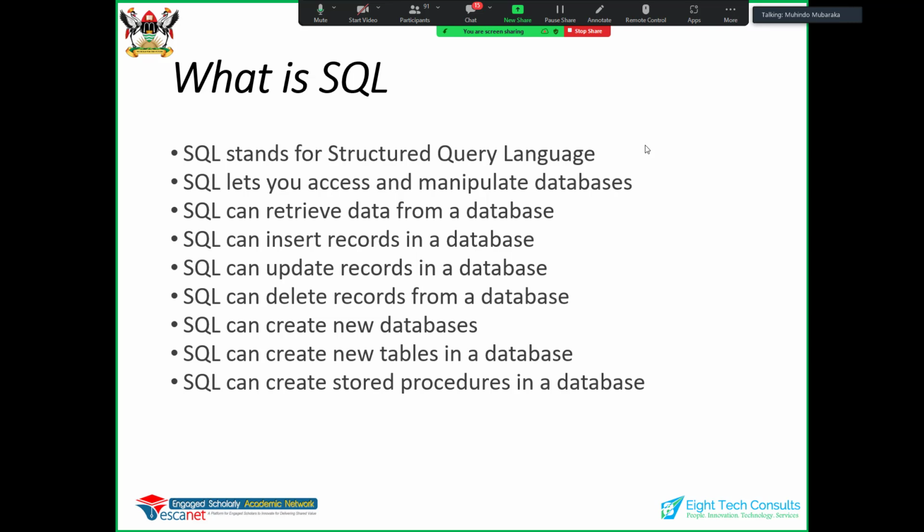SQL can create stored procedures. Sometimes you don't need to repeat yourself. For example, I want to write a function that will get students in a specific class. If I don't want to repeat myself, like select from this, where this, I can write that as one procedure, or what you call a function. You store it on the database. So you'll just give this function a specific ID and it gives you the information.